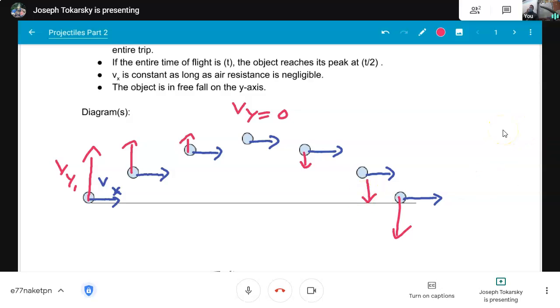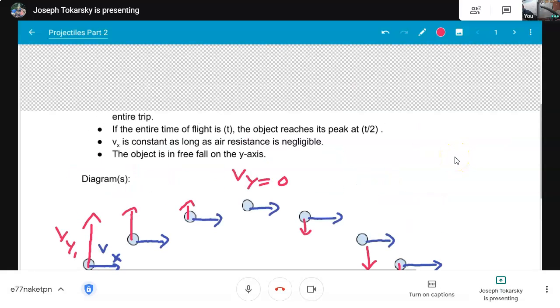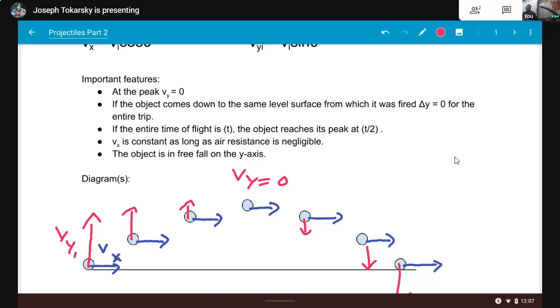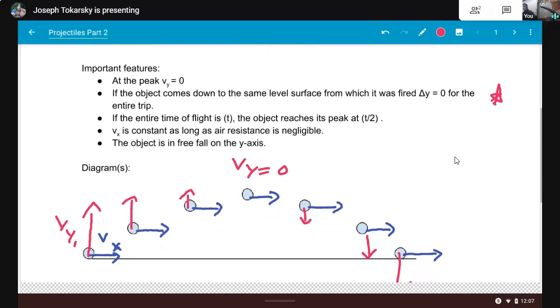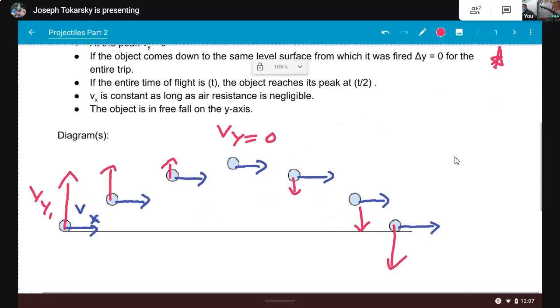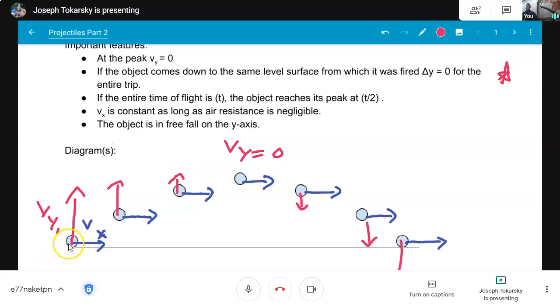Okay. And one other really important thing, and it should be listed up here, I just didn't say it yet. There's many times we're going to have to solve for the whole trip from beginning to end. And this note right here is important for that, because for the entire trip from beginning to end, delta y, the y displacement, is 0.